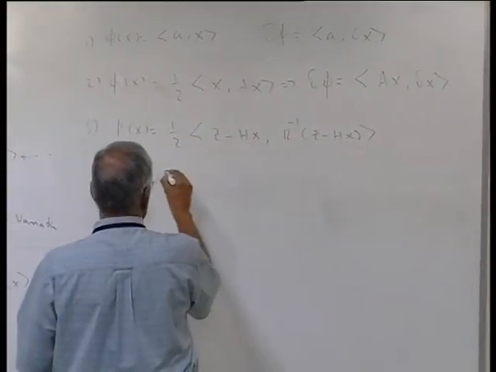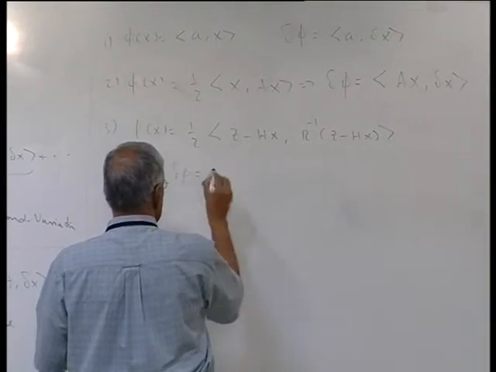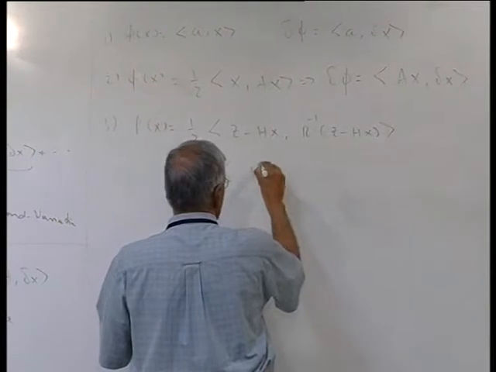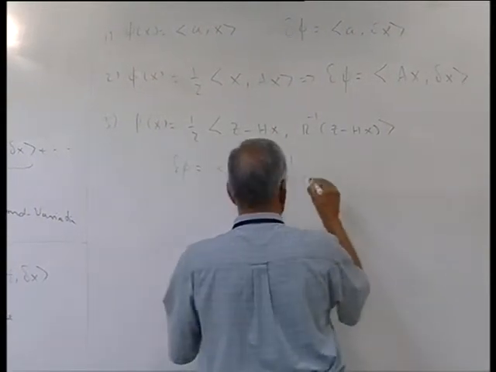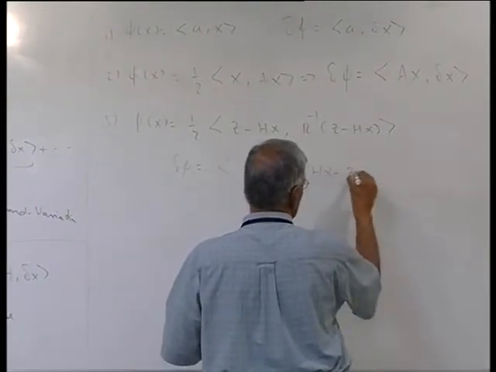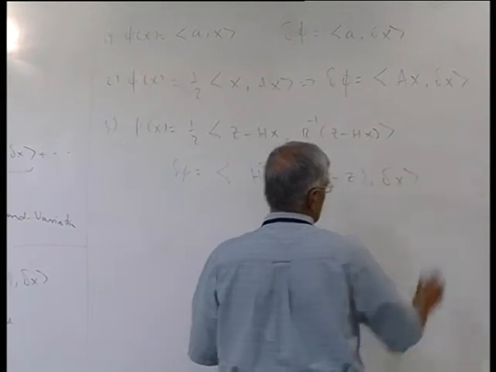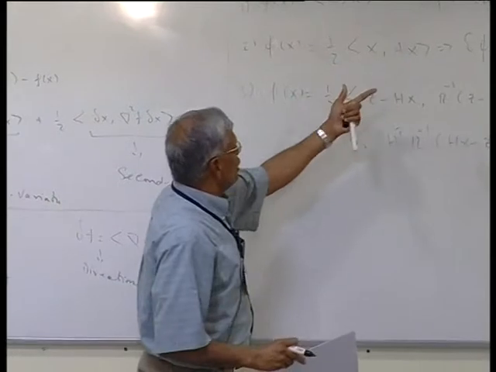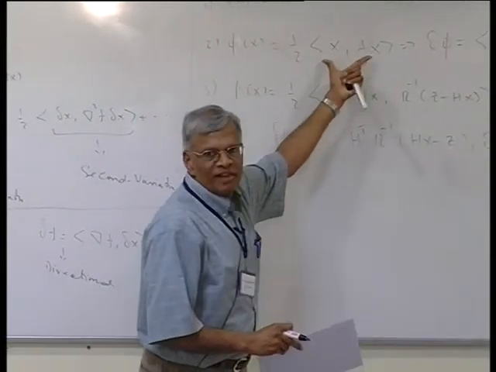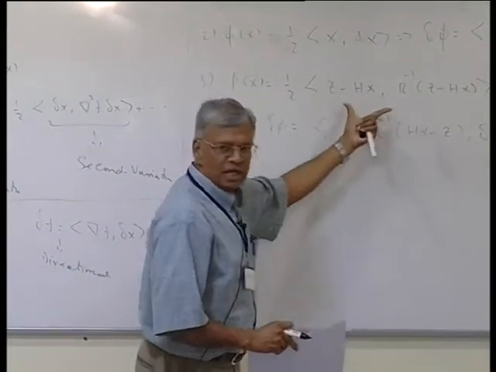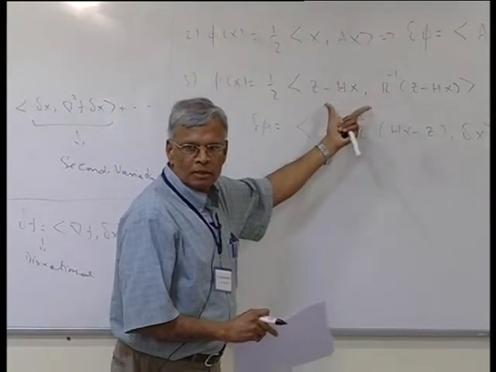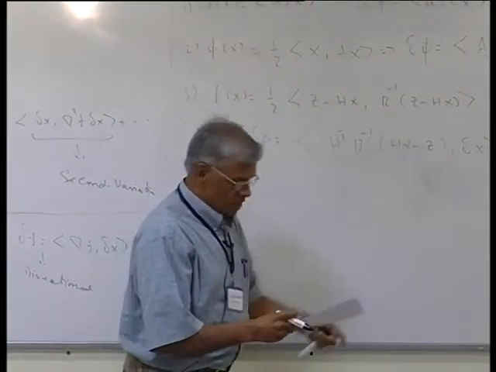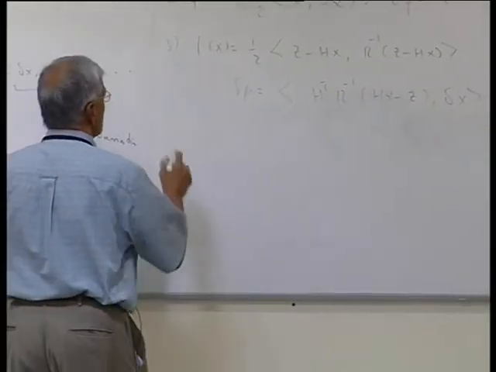So the del phi in this case is equal to h transpose R inverse, h of x minus z, times delta x. So what do you need to do? You need to compute the gradient, which we have already seen, so I'm not going to repeat that. That's why I'm trying to quote these formulas. Verification of this is an easy exercise, and you must do that.